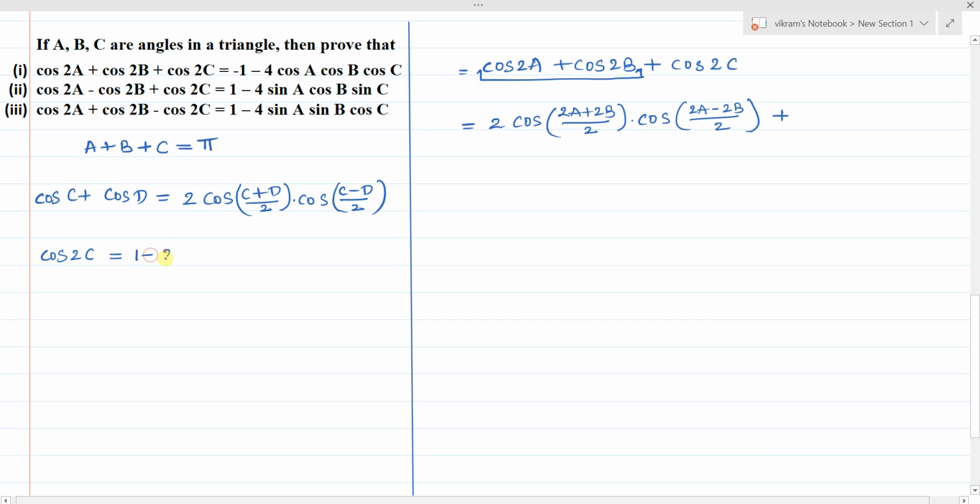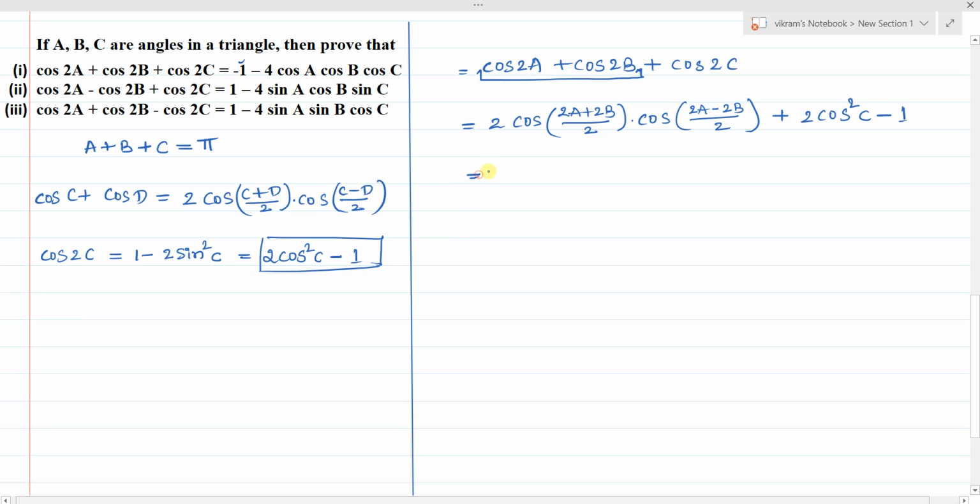We can write it as 1 minus 2 sine square C, otherwise the same thing can be written as 2 cos square C minus 1. In the option we have the minus 1, so it is better to use 2 cos square C minus 1 to replace the cos 2C.